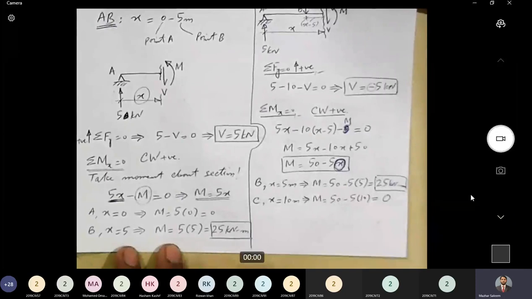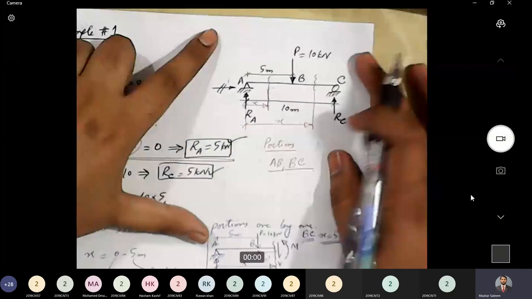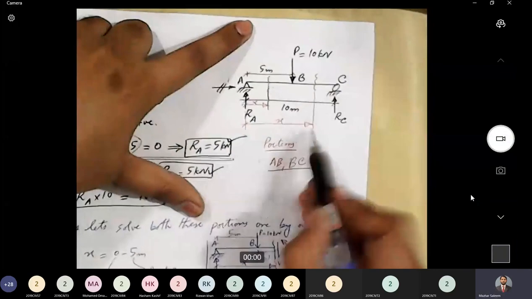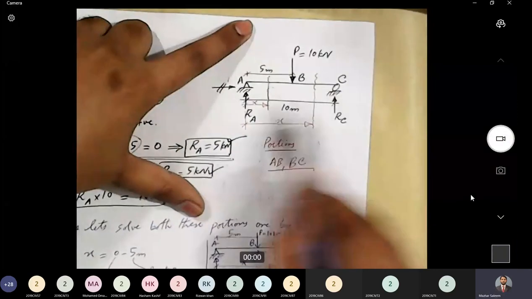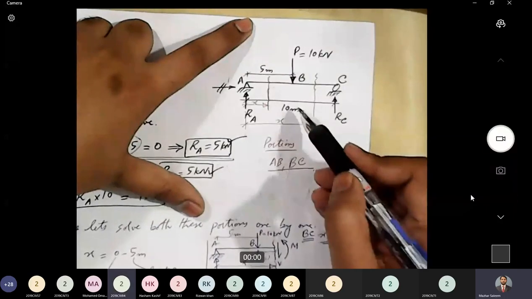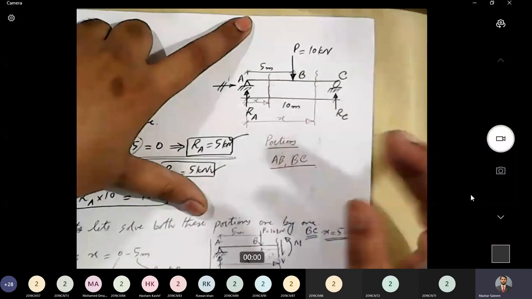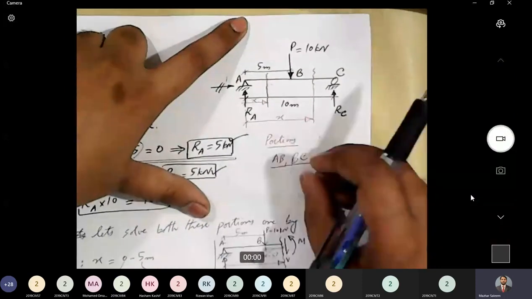Now let's look at our beam. Here is the beam. What type of support do we have at point C? Roller support. Can a roller support generate any resisting moment?